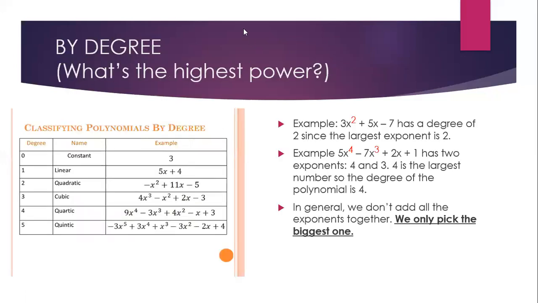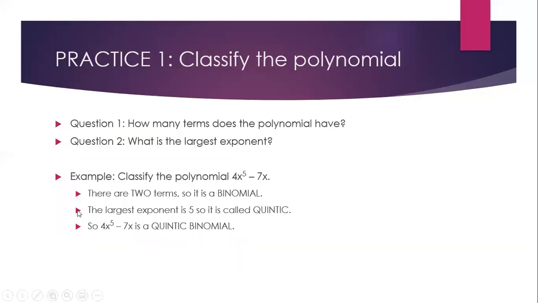We go to our chart and we say if the largest degree is 4, then we call it quartic. So the largest exponent is 4, which makes it quartic. It's only one term, so it's a monomial. It's a quartic monomial.